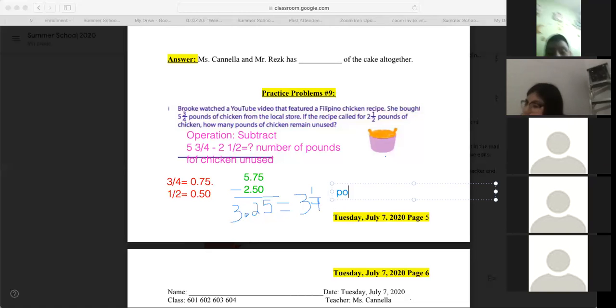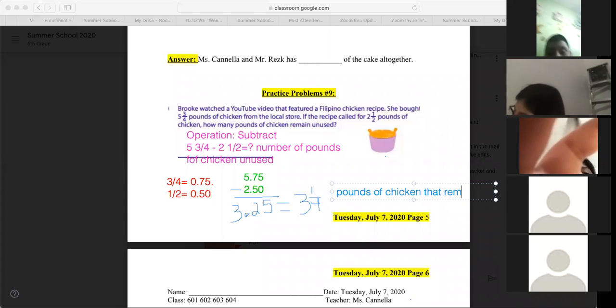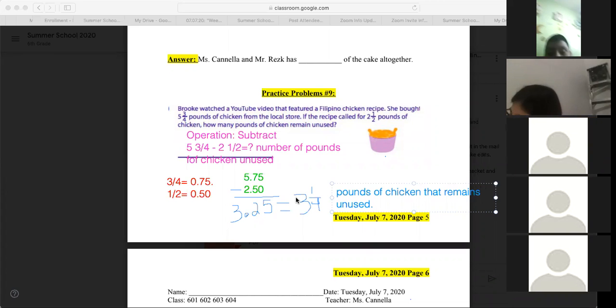That represents pounds of chicken that remain unused. So as you write that down, I just want to recap what we did here.